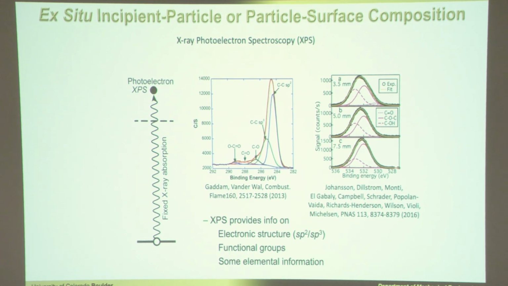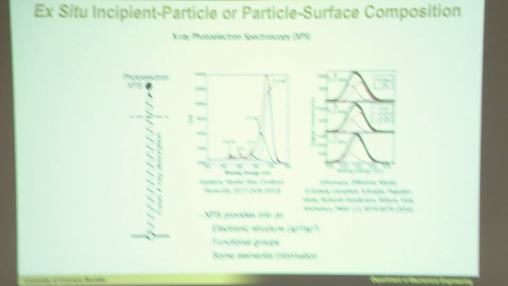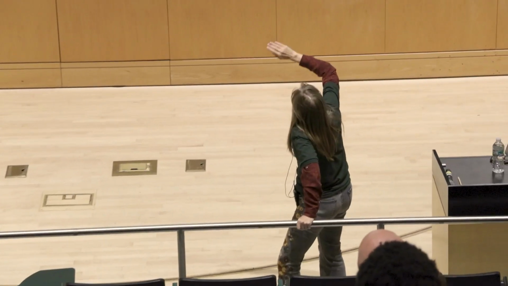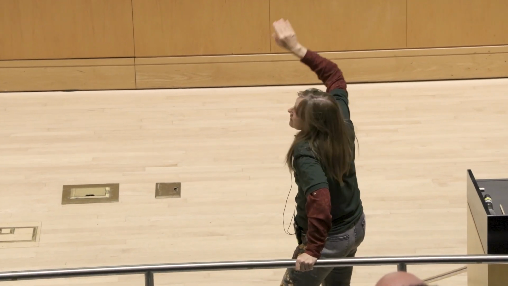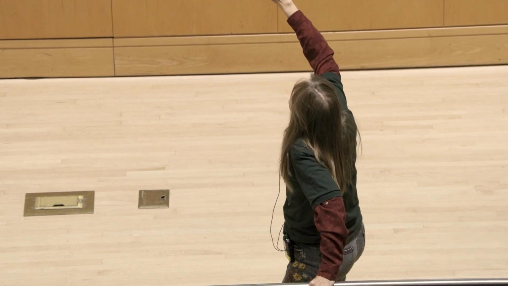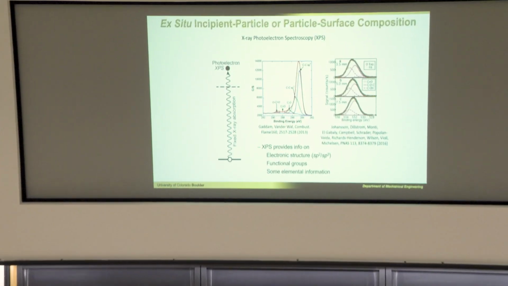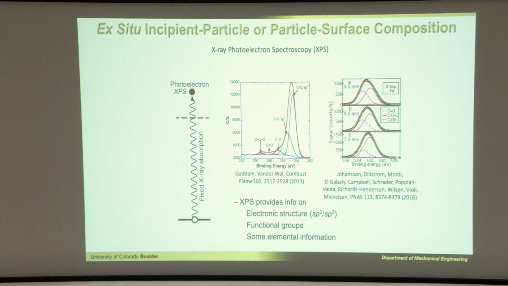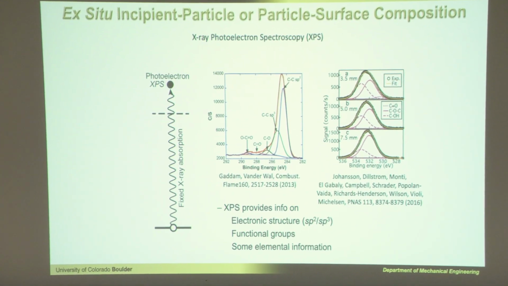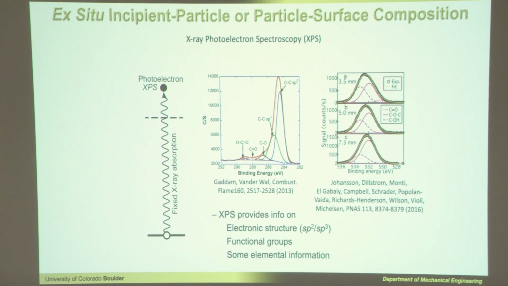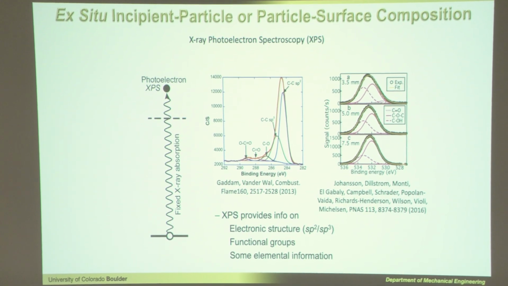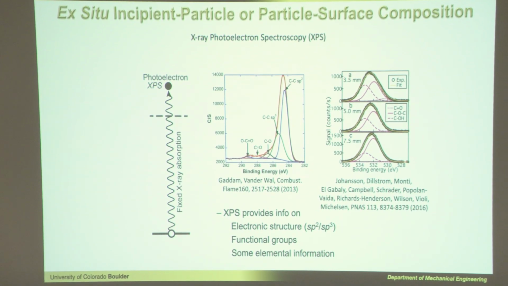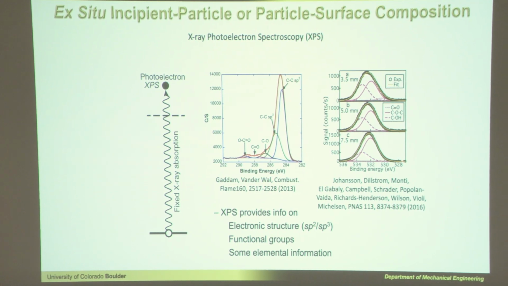What's hard about this technique, and probably also NEXAFS, is doing the analysis and trying to understand what you're seeing. Here's an example where you see this carbon binding energy. That 284 is where you will get what's called the carbon K edge.